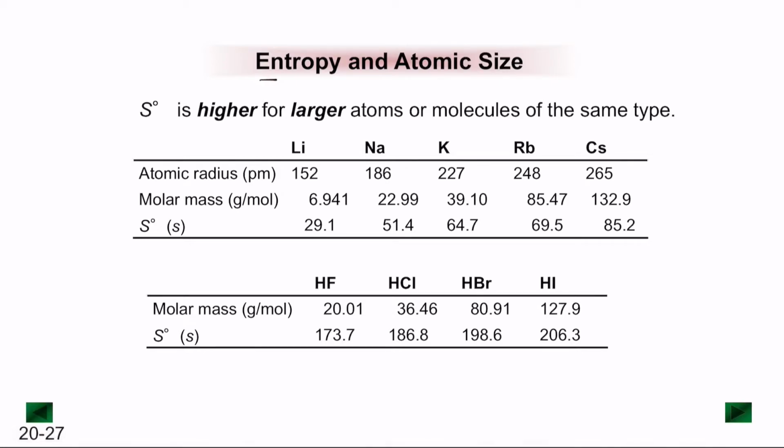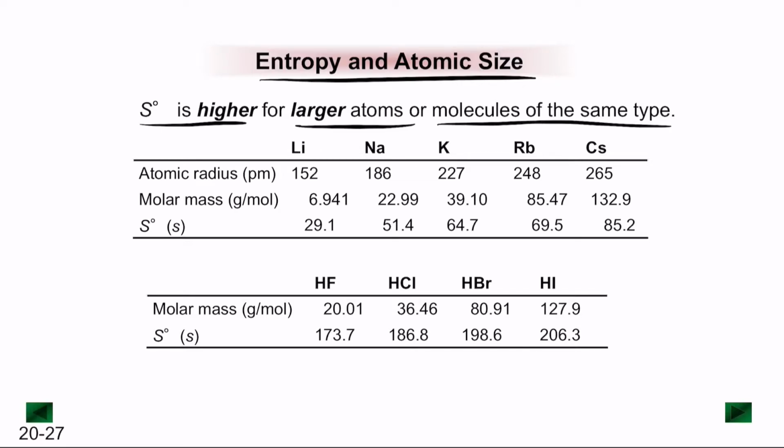Next, let's take a look at entropy and atomic size. The entropy is higher for larger atoms or molecules of the same type. For example, let's take the group 1A elements: lithium, sodium, potassium, rubidium and cesium. Notice that the atomic radius keeps increasing, and the entropy also keeps increasing.